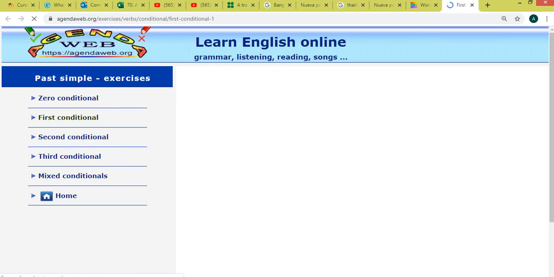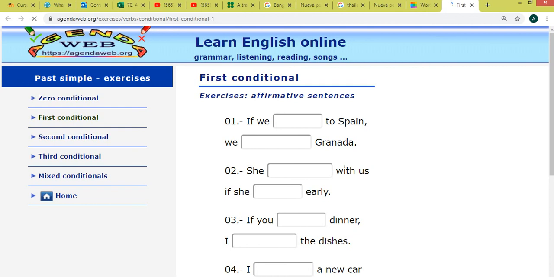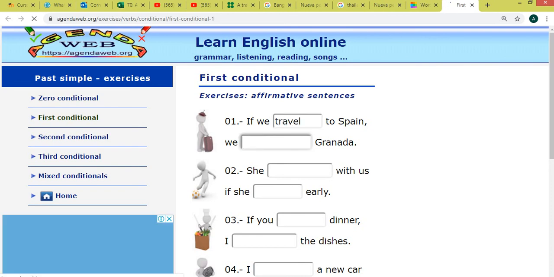Okay, I'm going to help you with the first exercise in order for you to see how you would work an exercise of first conditional on the internet. Good, first conditional here. If we travel to Spain, yeah, if we travel to Spain, maybe the consequence, so because this is the condition, but what is the result?